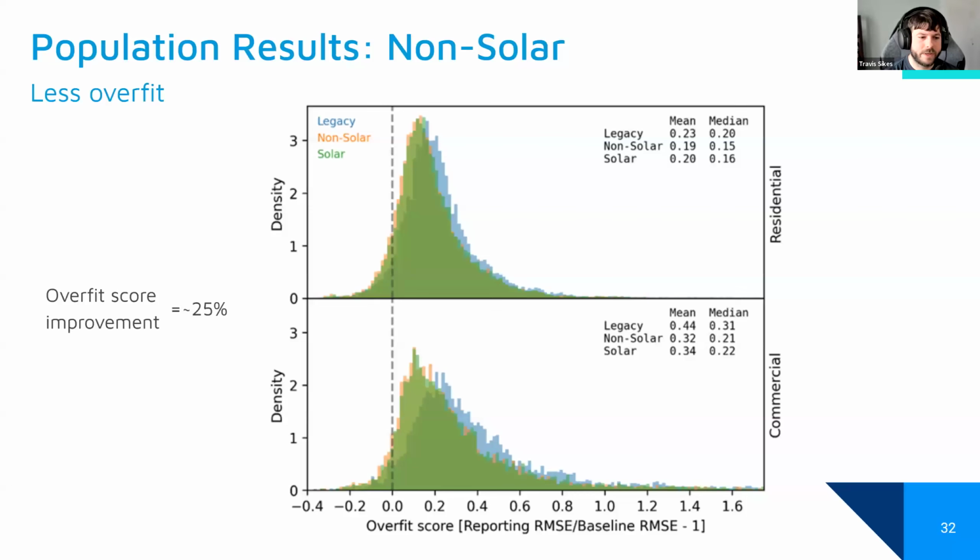Why is this important? Because we use our error metrics, one, to decide whether or not a building can be modeled or should be modeled and measured using this methodology. So if the baseline is not reflective of the reporting period, for example, then you might be allowing buildings into your portfolio that should not be measured because their error is too high. It's just that that error is not being represented properly.